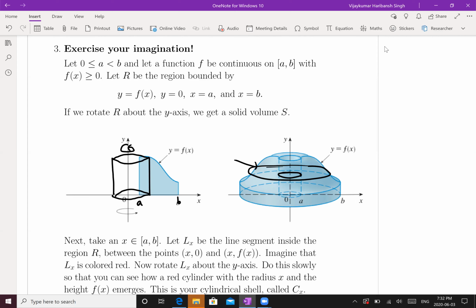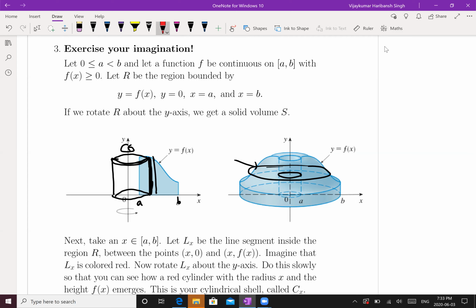Or rather the area of the cylindrical shell, because it's a very thin slice. So you take this and rotate it around like that. And then you keep on doing it for the next one as well, and you add all these areas up using integration.